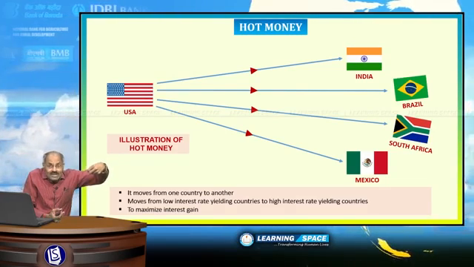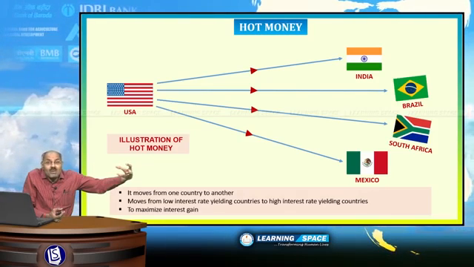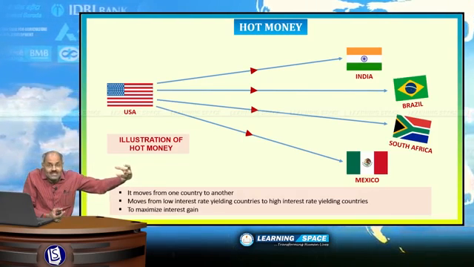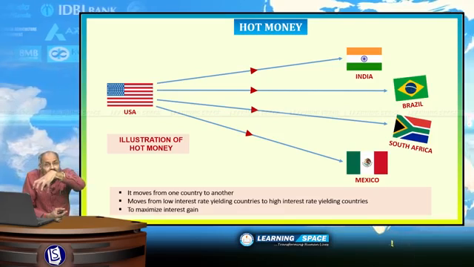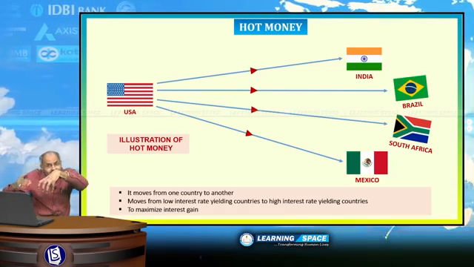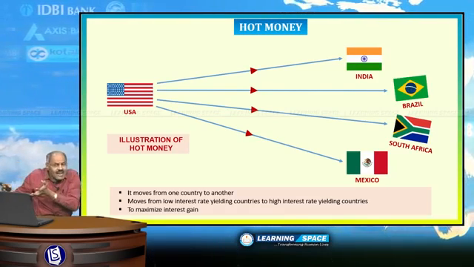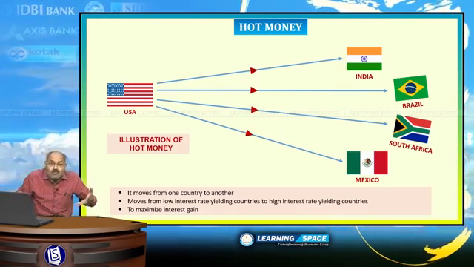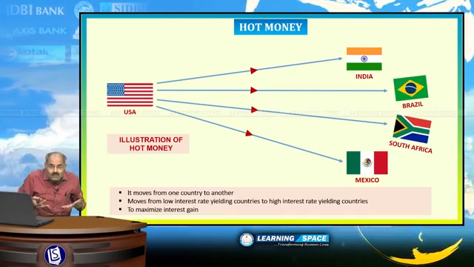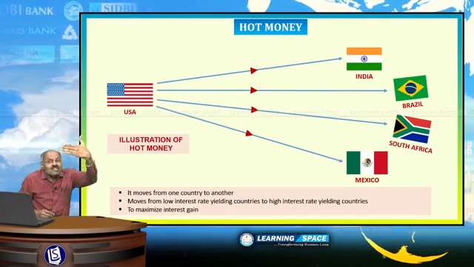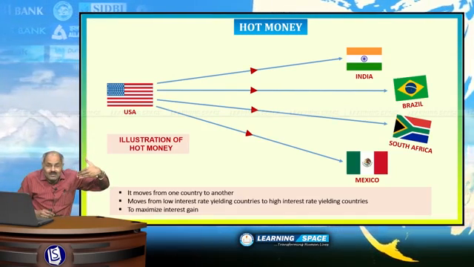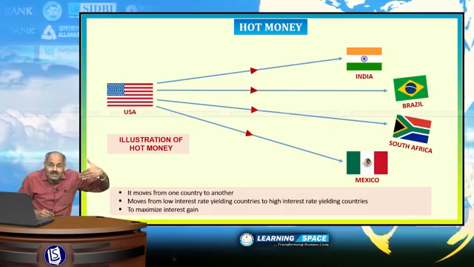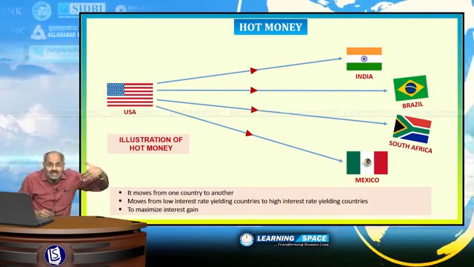If the stock market in India is rising, American foreign portfolio investors will invest in the Indian stock market. If the stock market is crashing, they will move to another country like Brazil, or maybe South Africa, or maybe Mexico. They will move from one country to another country. That is hot money. They look for short-term gains.